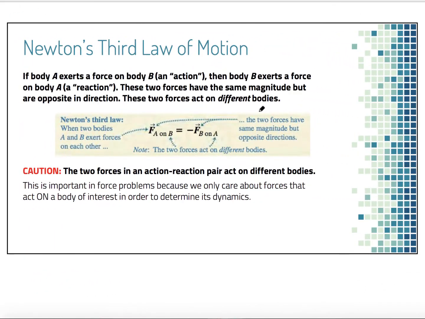Now let's talk about Newton's third law of motion. Take a second and read the bolded paragraph right here. Essentially what this tells us is that when we have two objects that are interacting, the force that acts on one object is going to be equal to the force acting on the opposite object.